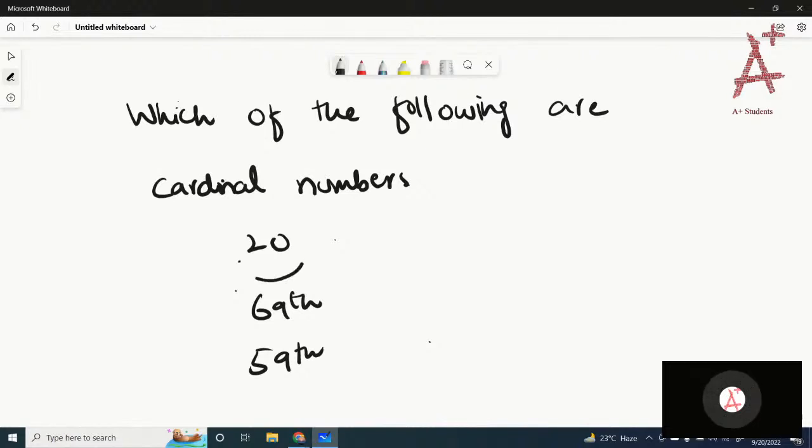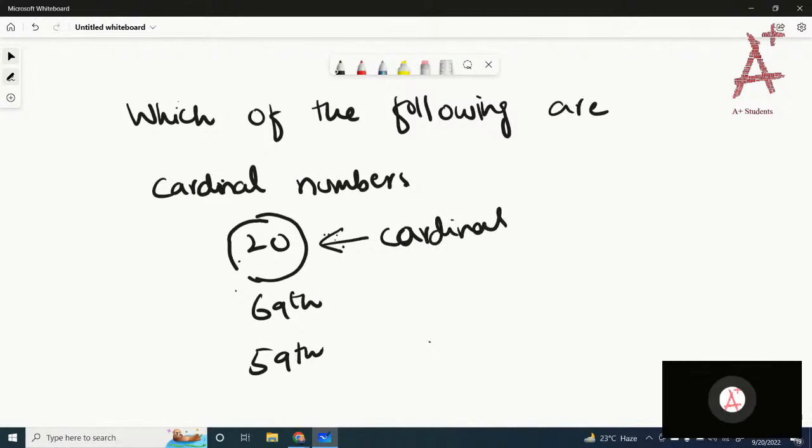Only 20 is cardinal. The other two tell you the order of something, so they are ordinals. So only 20 is the cardinal. Got it? The rest of them are ordinals. Select the correct option. 20 is the correct option, and then click on the OK button.